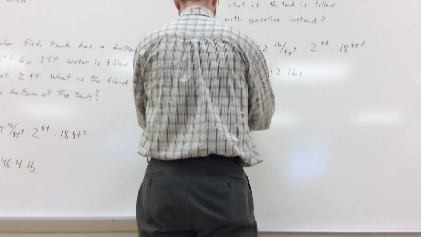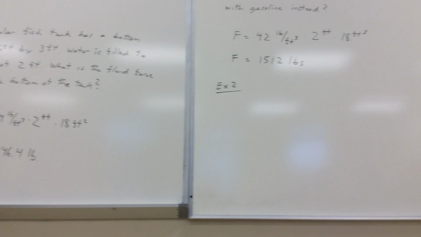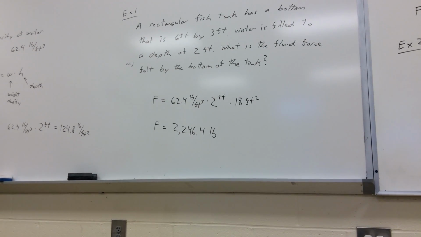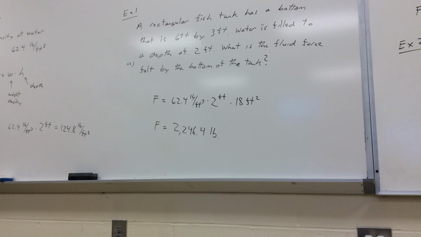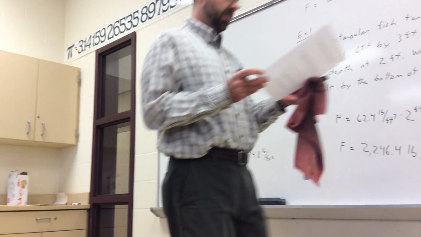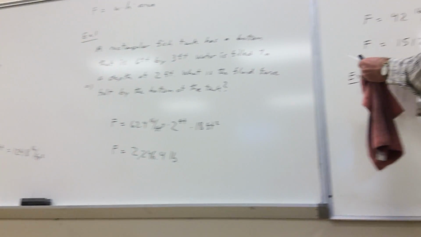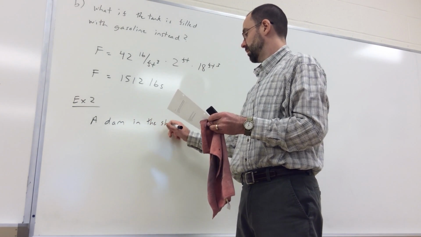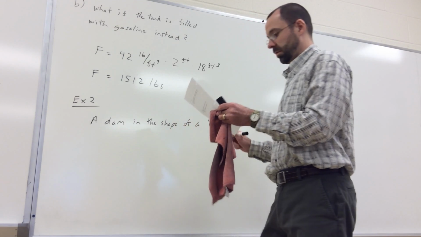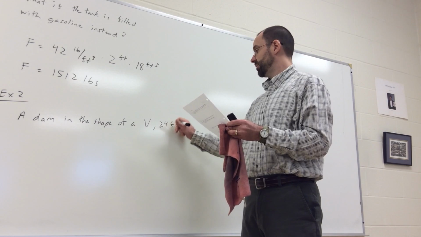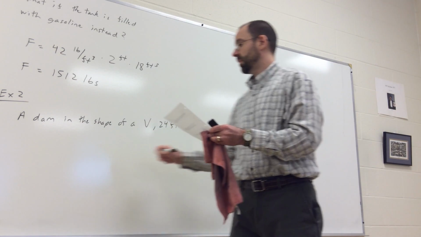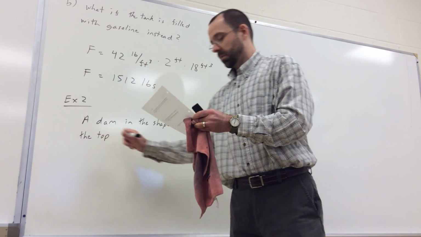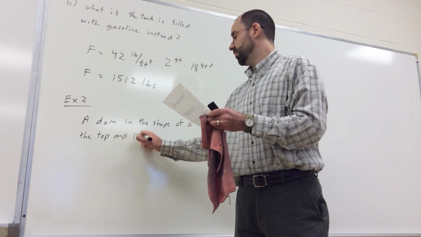Okay, so that brings us to example 2. So we're going to have a dam in the shape of a V, 24 feet across the top, and 16 feet high in the middle.